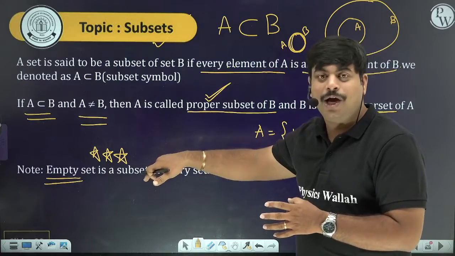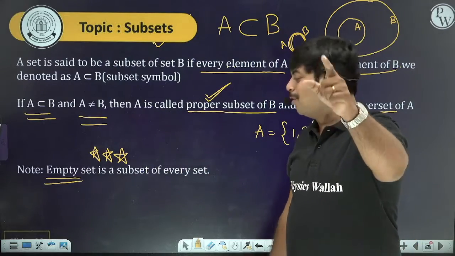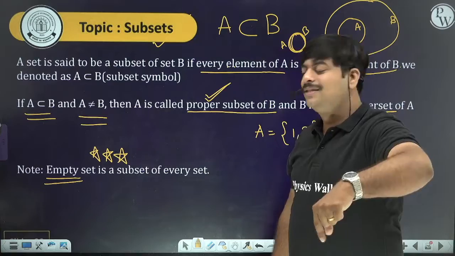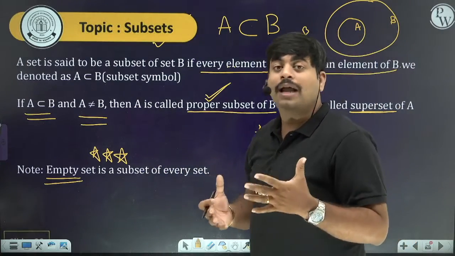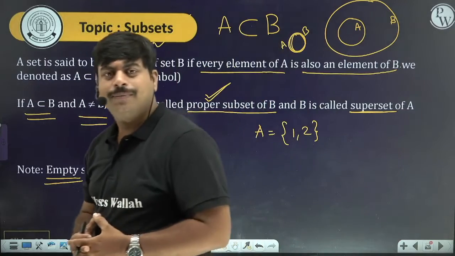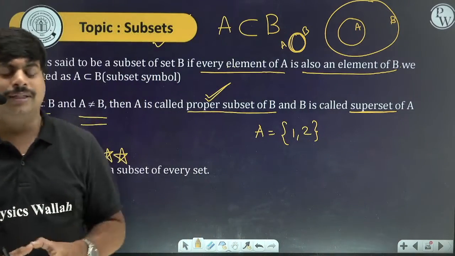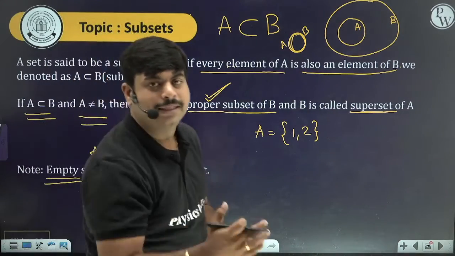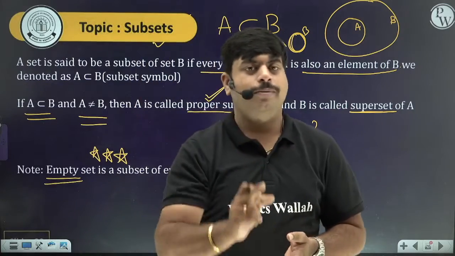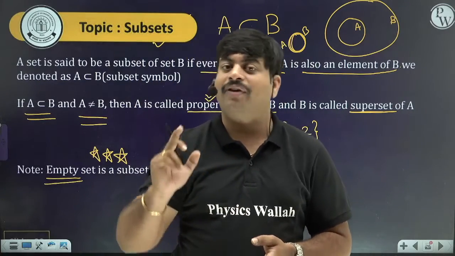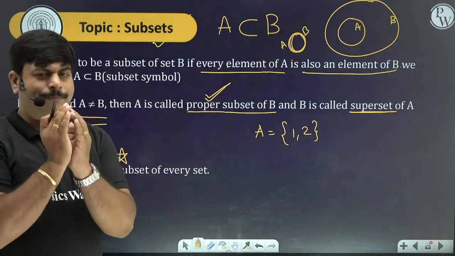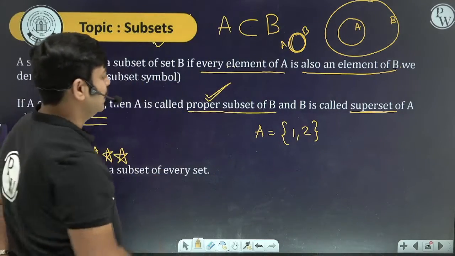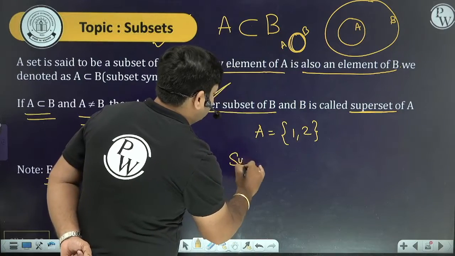Even now, people in the comment section will ask me, sir, how is the empty set a subset? Definitely you'll be asking, because we don't have a solid proof for that. It's always ambiguous whether it is yes or no, but yes, the empty set should also be included in the subsets of every set. So in this set A {1, 2}, I need to find all the subsets, all the small sets here.